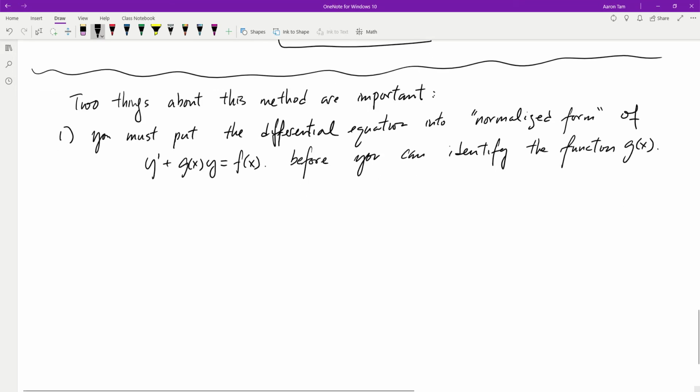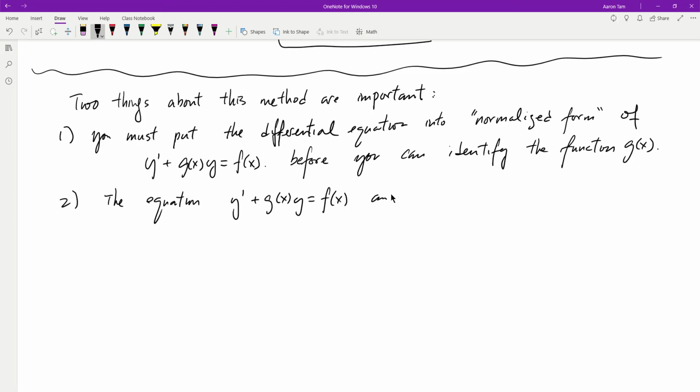All right? So the second thing that some of you actually might be thinking about is the following. Is the equation y prime plus g of x y equal to f of x, and the equation m of x y prime plus g of x m of x y equal to m of x f of x, are these two equations equivalent?